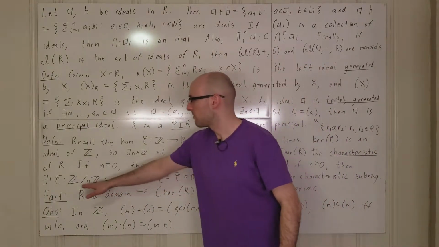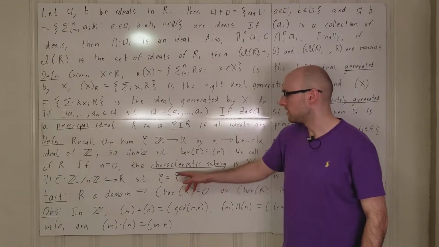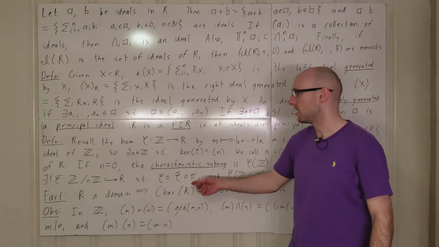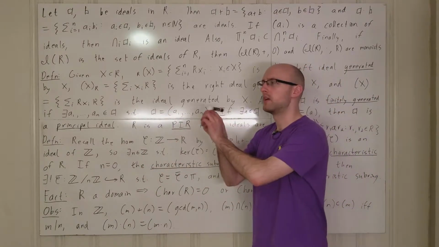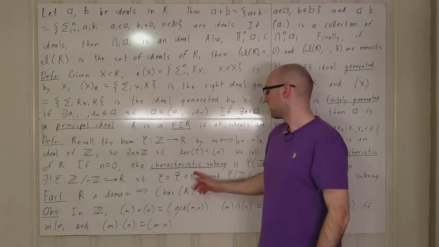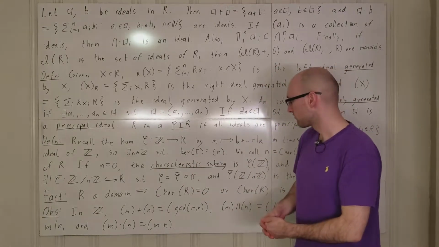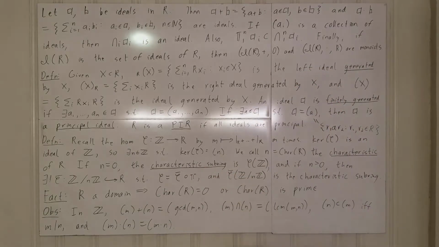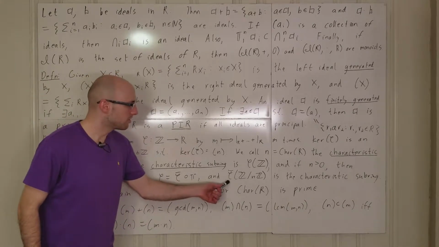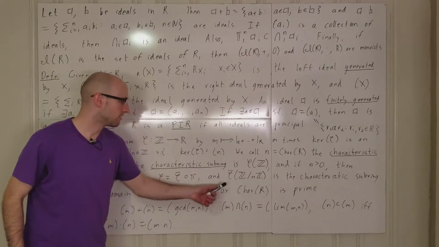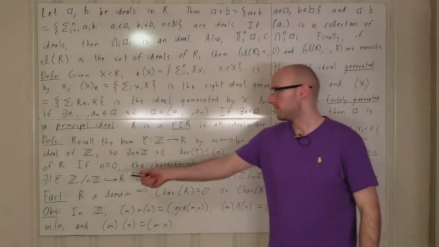We have an injective map phi bar from here to R such that the map phi is precisely phi bar composed with the projection pi from Z into Z mod nZ. All right, and what we do here is we define the characteristic subring to be the image of Z mod nZ under this injective map phi bar.